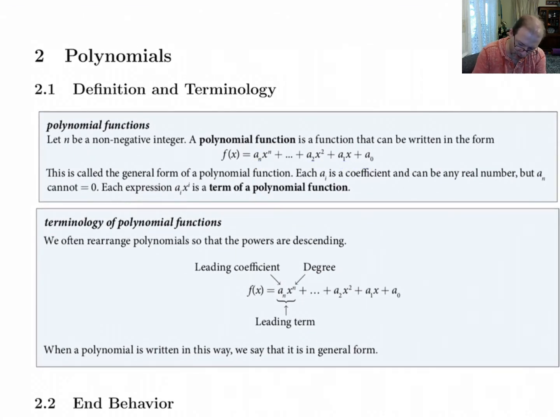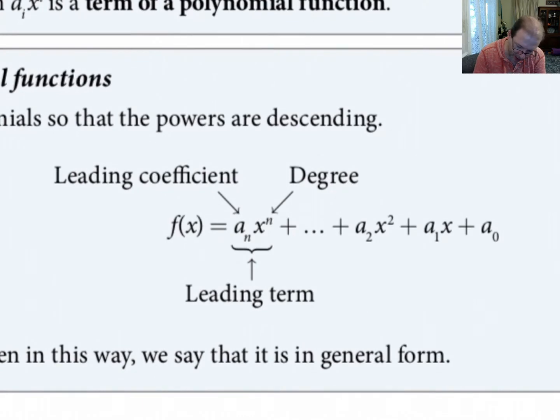So one thing to know: the degree I just said is the highest value of n, or the largest exponent, and the leading term is the whole term there with the largest exponent. And then that coefficient on there is called the leading coefficient.